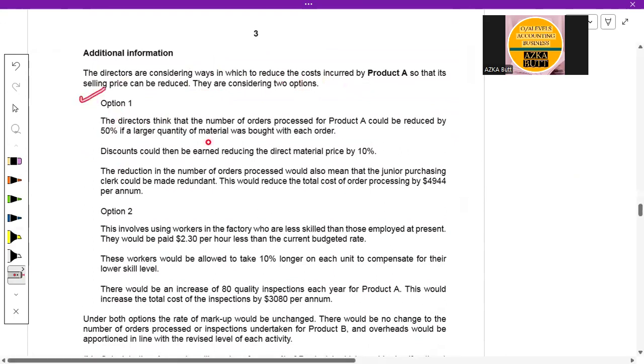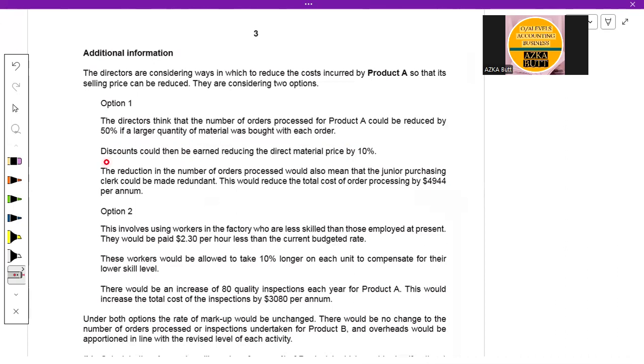Option A is the directors think that the number of orders processed for product A could be reduced by 50% if a larger quantity of material was bought with each order. And discounts could then be earned, reducing the direct material price by 10%.